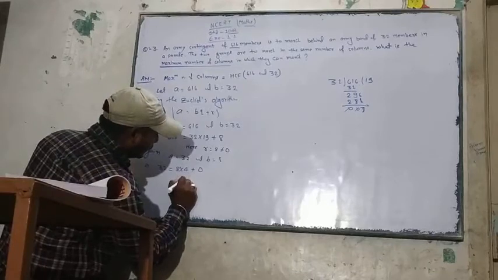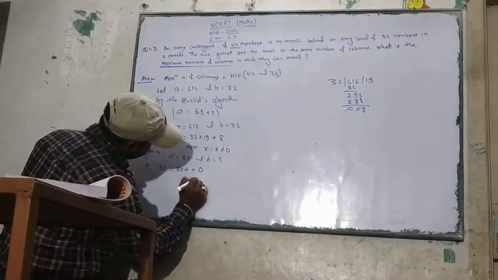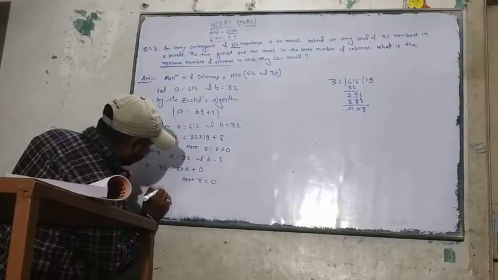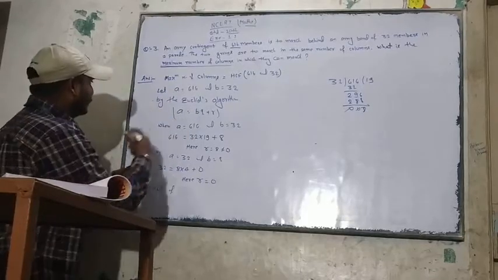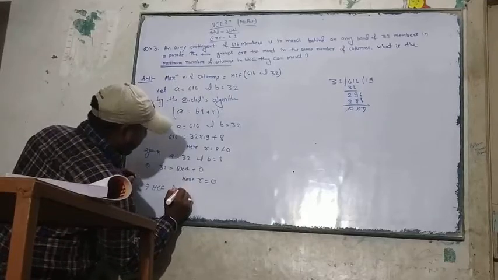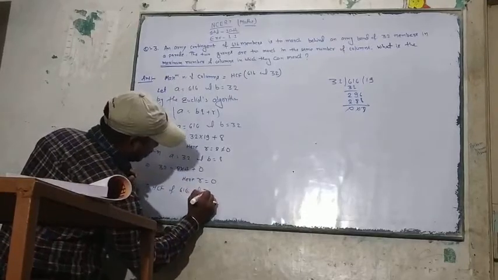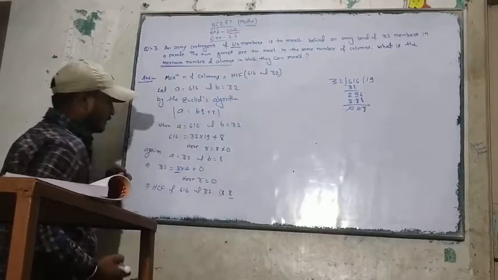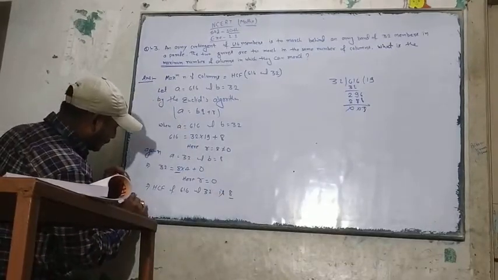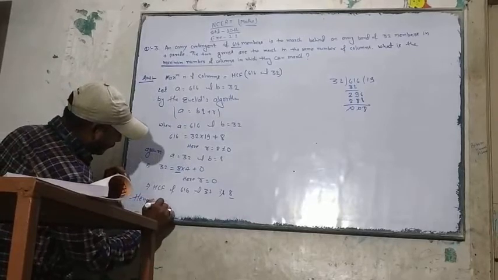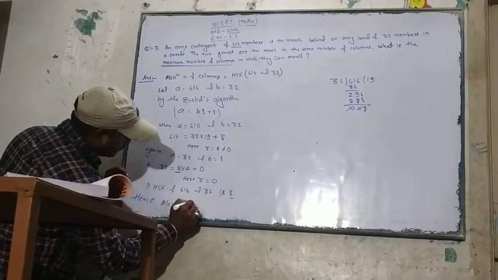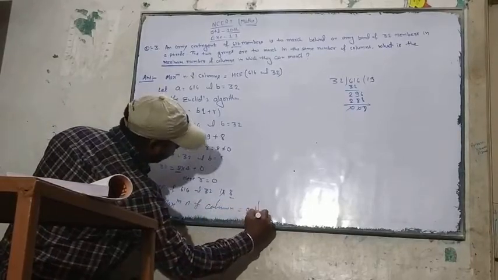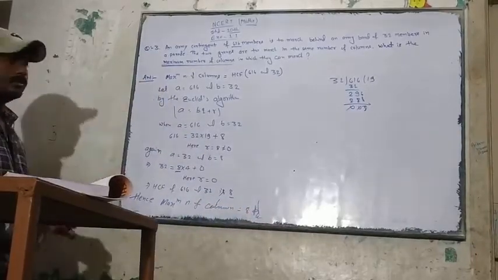Then here R is equal to 0. So HCF of 616 and 32 is 8. And also you write it, maximum number of columns is equal to 8. Answer. Finish. Okay?